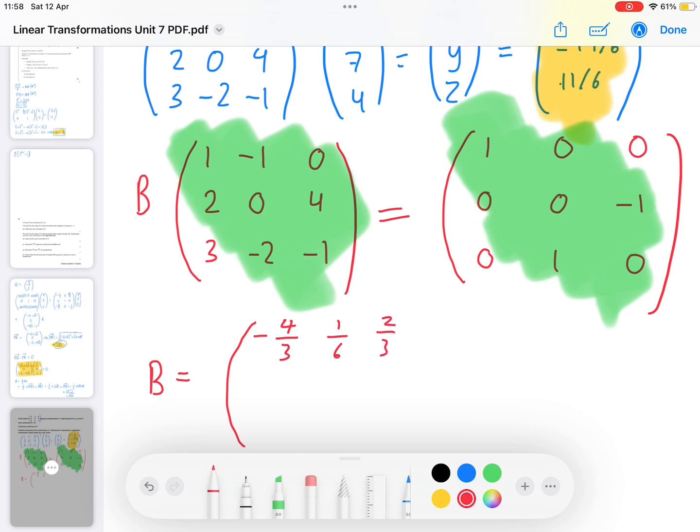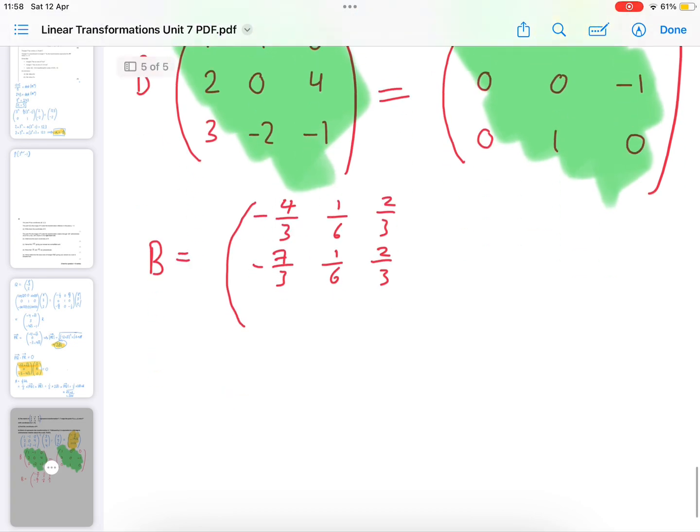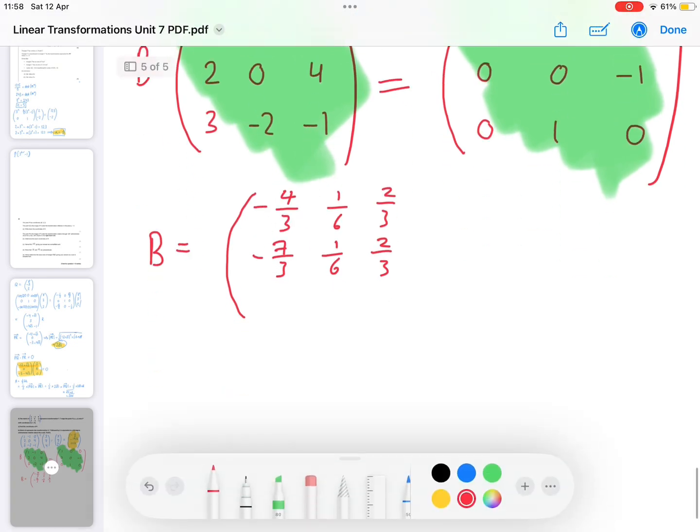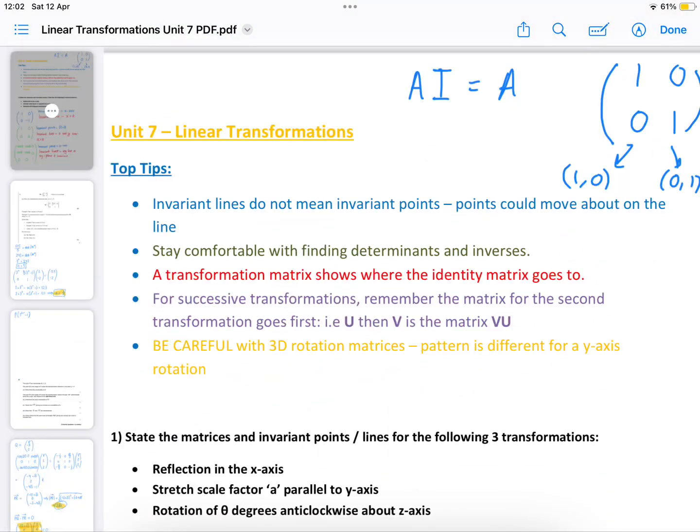It's pretty ugly, but one way they suggested of dealing with this in the answers was actually taking out a factor of 1/6. So I won't do that here, but that would be an easier way of doing it probably. But you can do that. And yeah, that's our final answer for the matrix B.